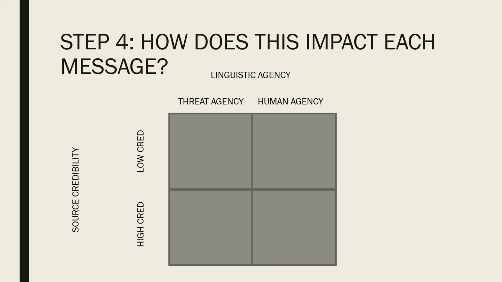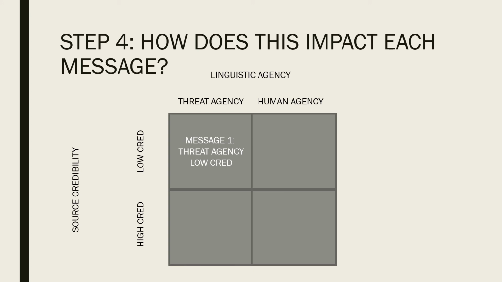And then your final step is you're going to decide how each of these manipulations is going to impact each message. So each of these boxes now is going to represent one version of the message that you're going to create. So if I'm creating a message trying to get people to get the flu shot, I'm going to have 4 different versions of that, and each message is going to represent 2 of the manipulations.